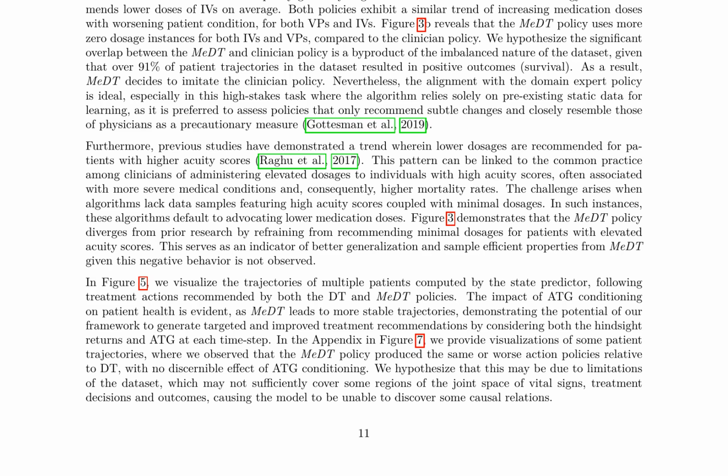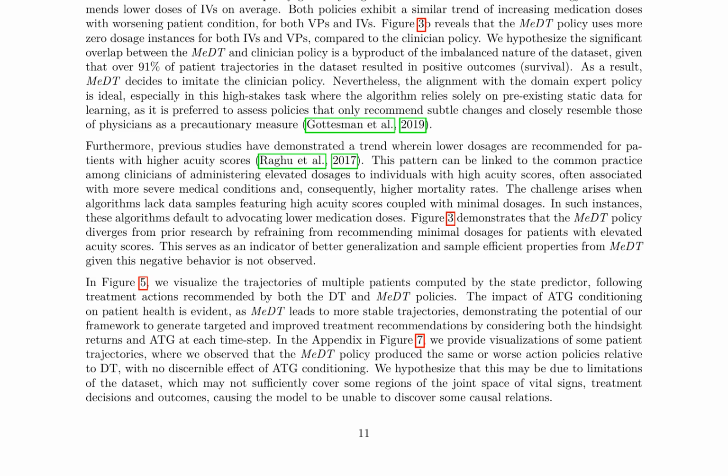Figure 5 visualizes the trajectories of multiple patients computed by the state predictor, following treatment actions recommended by both the DT and MeDT policies. The impact of ATG conditioning on patient health is evident, as MeDT leads to more stable trajectories, demonstrating the potential of the framework to generate targeted and improved treatment recommendations.